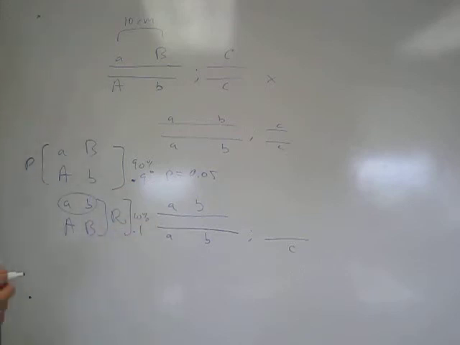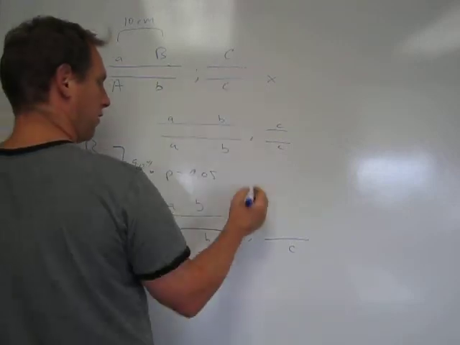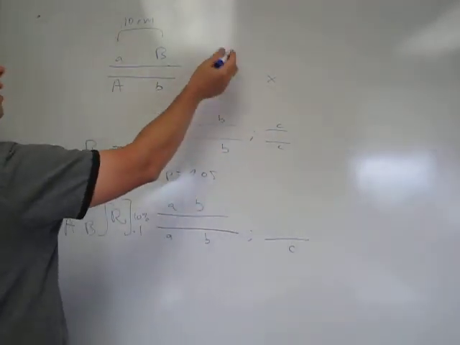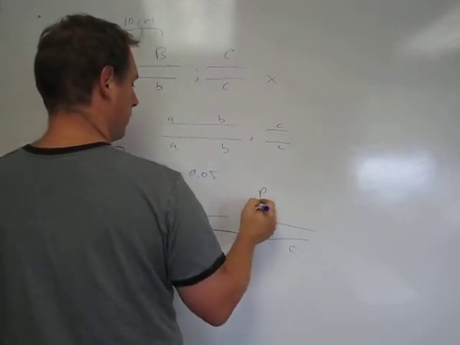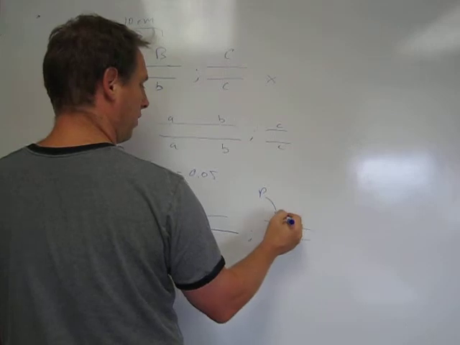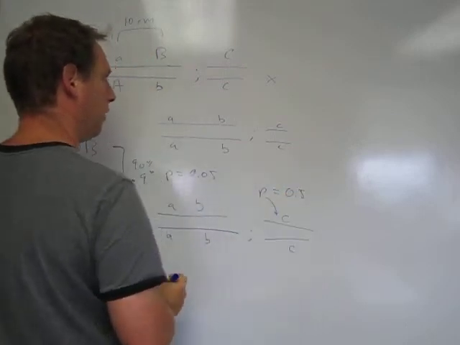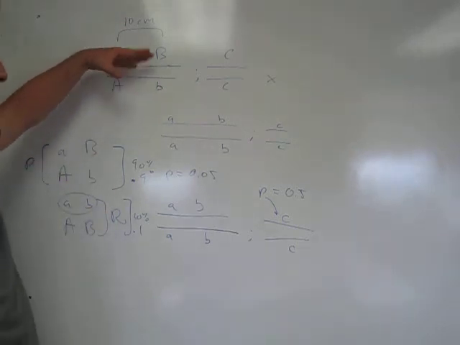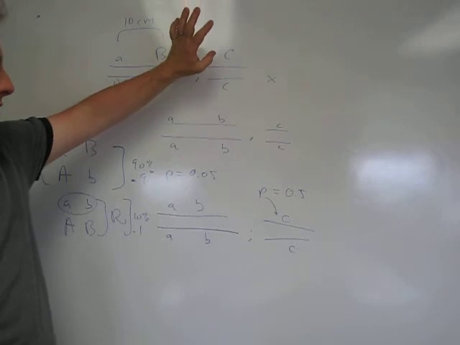Okay. So 0.05, and then what's the chance that this one comes as little c? Well, it's 50-50, right? So the probability that this one is little c here is equal to 0.5. Now, the relationship of these is independent of the inheritance of these.